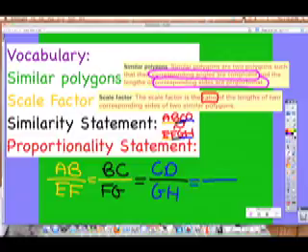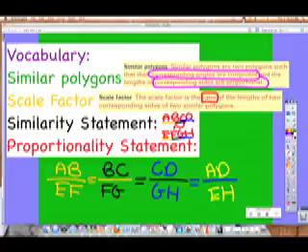The first and the last. So it would be AD and EH. This whole thing with all sides written as a proportion is a proportionality statement. What is that called, guys? Proportionality statement. If I just ask for a similarity statement, you just put the little squiggly. This is similar to this.